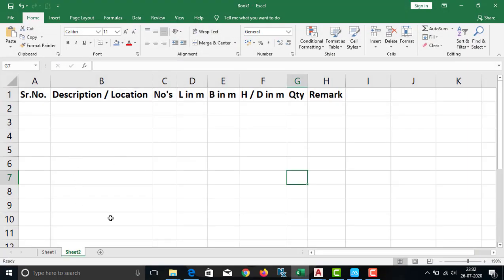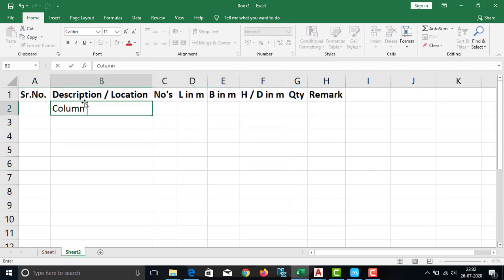Again go to the Excel sheet, and there you have to make a format as shown here. So here I am writing it as column shuttering. In that you have to mention the levels, from what height to what height you are going to find the shuttering quantity. The common practice is that whatever shuttering is below plinth beam we measure separately, and above plinth beam we measure separately, because of the rate difference.